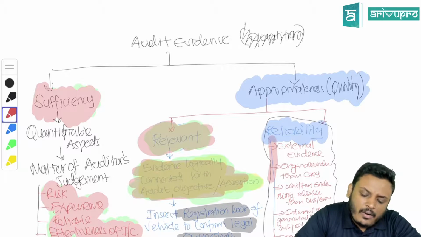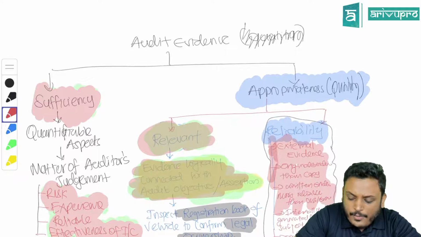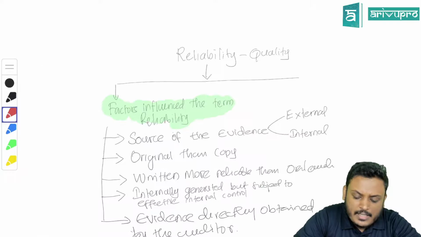So if I take the quality evidence, several factors are to be considered because those factors influence the reliability. What are the factors? Those factors were discussed here.